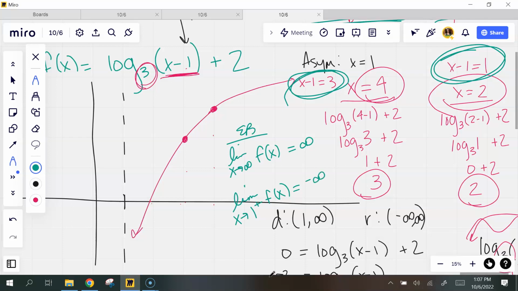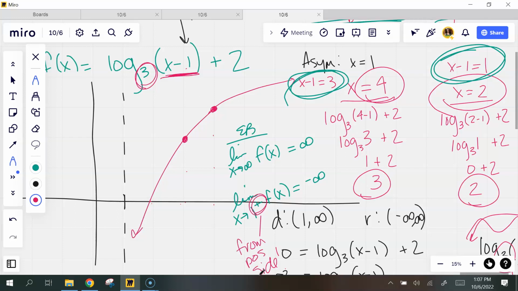Negative infinity. So this little plus says from a positive side. That was only one problem.